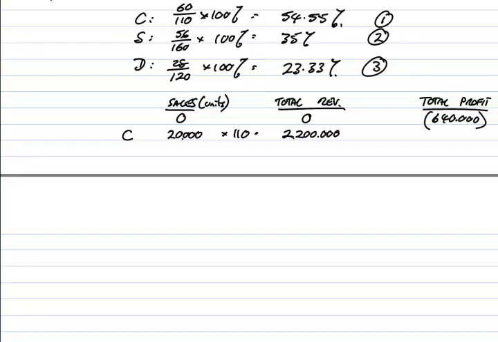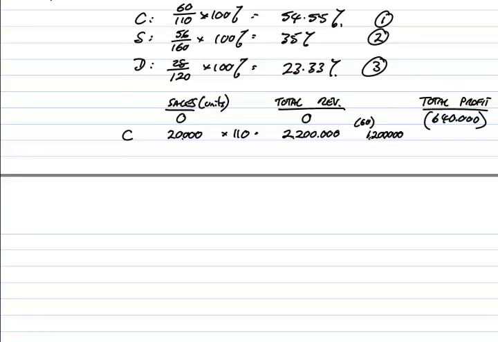We'll get a contribution. Now, I haven't left much room for my workings, but the contribution from C is 60 a unit. So the contribution we'll earn, 20,000 at 60, is 1.2 million.